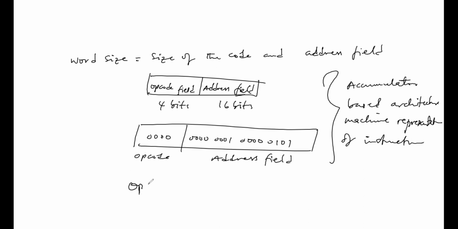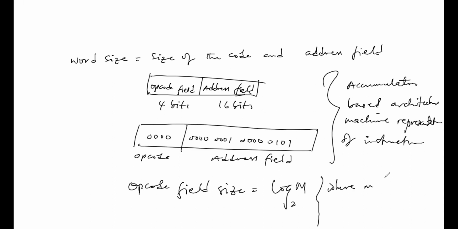So the opcode field size is the same as log m base 2, where m is the number of instructions with the opcode and direct address field.